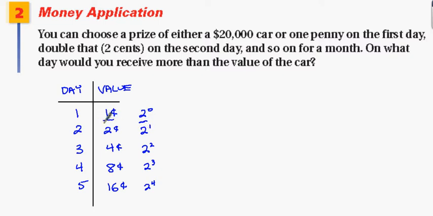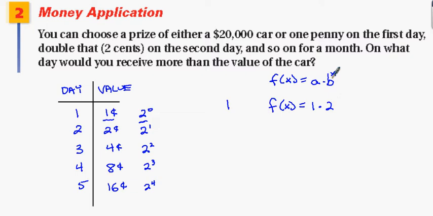So if my initial amount is a penny, I'm going to put that down as 1. Remember, I'm going to create a function that goes f of x equals a times b to the x. So this one is going to be f of x equals, my initial amount is a penny, and we're going to go 2.